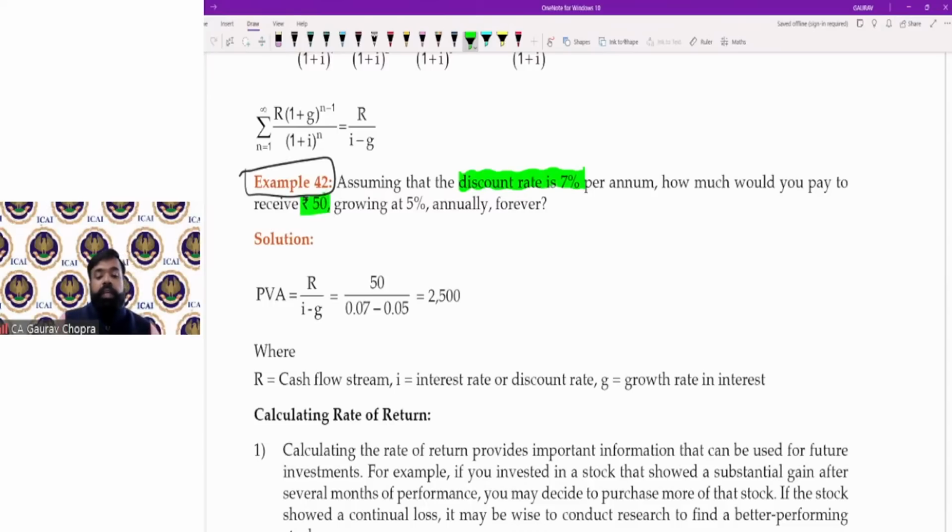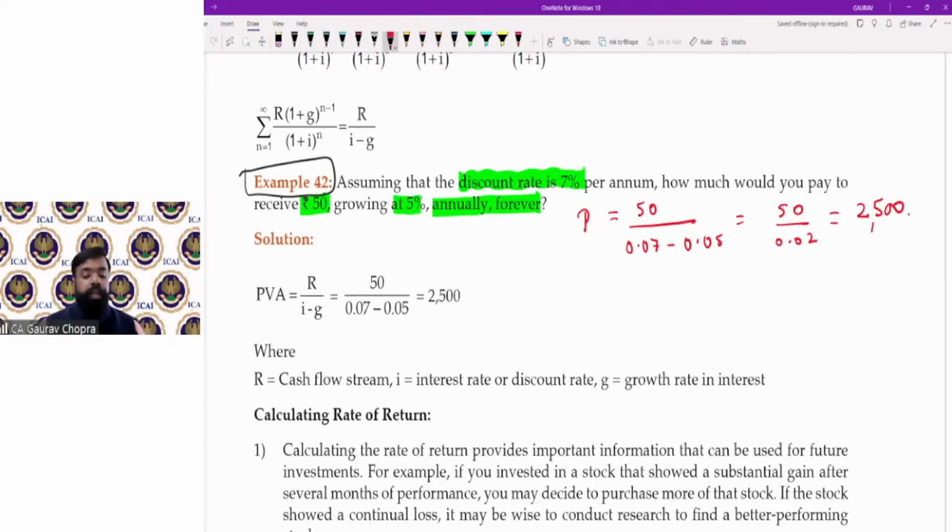So first, what will we write? Perpetuity equals the return, 50 rupees, divided by rate 7%, 0.07, minus growth rate 5%, 0.05. So 50 divided by 0.02. How much are we getting? 2,500. 2,500 is the perpetuity.